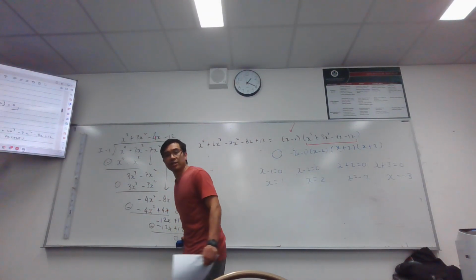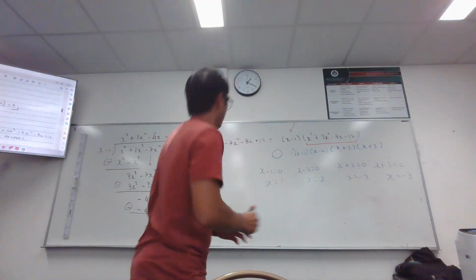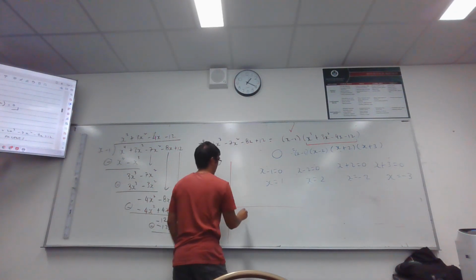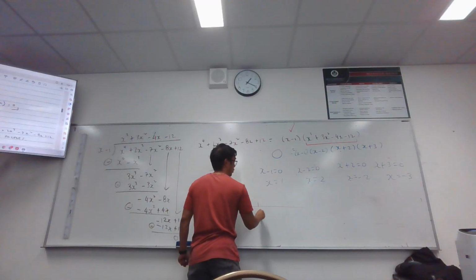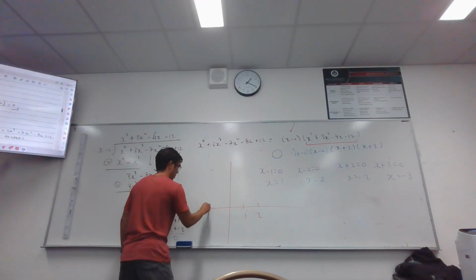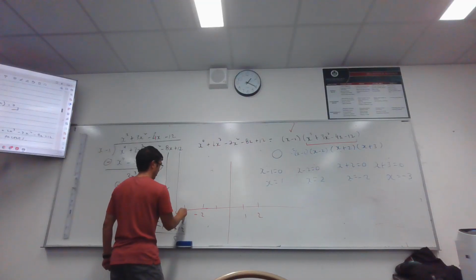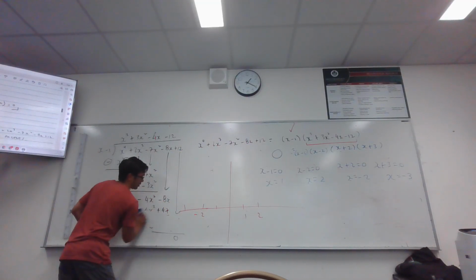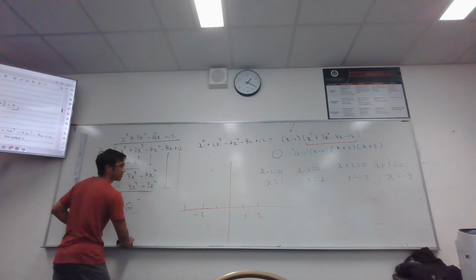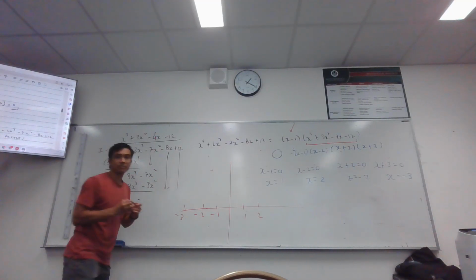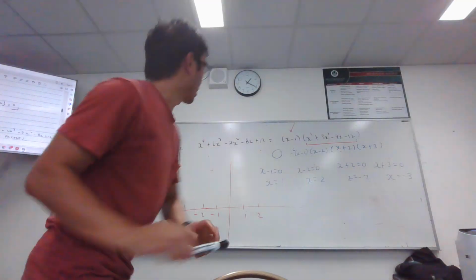If we were to sketch this, it would do something like this. 1, 2, negative 2, and negative 3. Oops. I wish I was a bit neater. It's going to hit here.